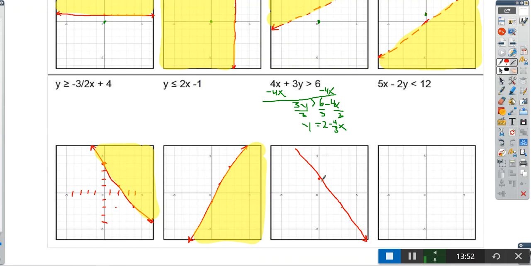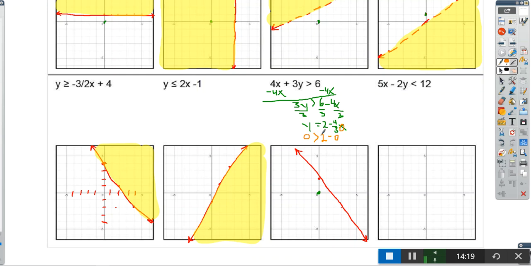I almost hit my marks, but we'll pretend I did. We'll plug in 0, 0. And so here we go. When I plug in 0, 0, I get 0 is greater than 2 minus, well, if I put 0 in for x here, I just get 0.